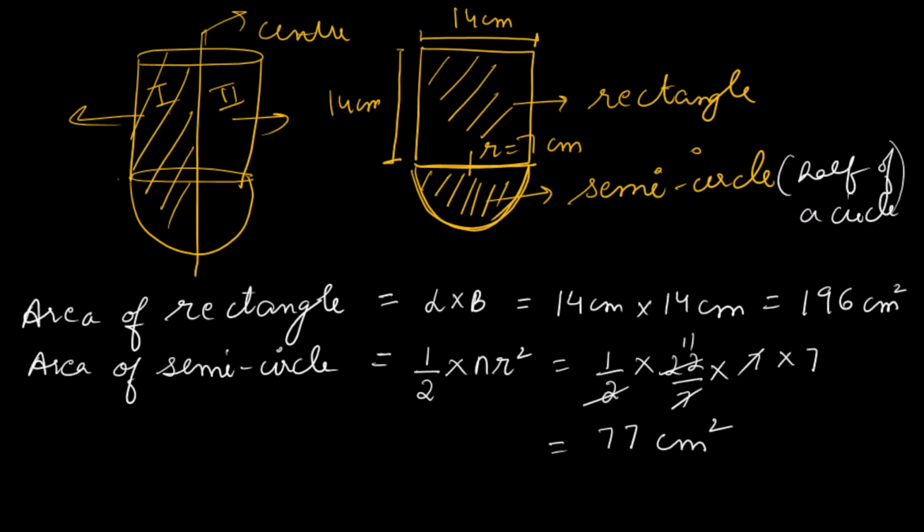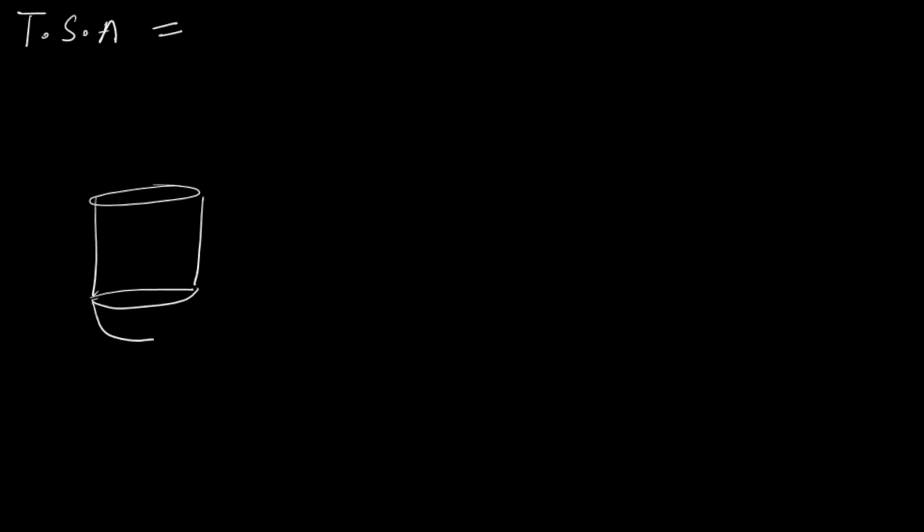Now we can find the total surface area. See, this is the solid. First of all, it got split. The area of this part is 539 centimeter square.